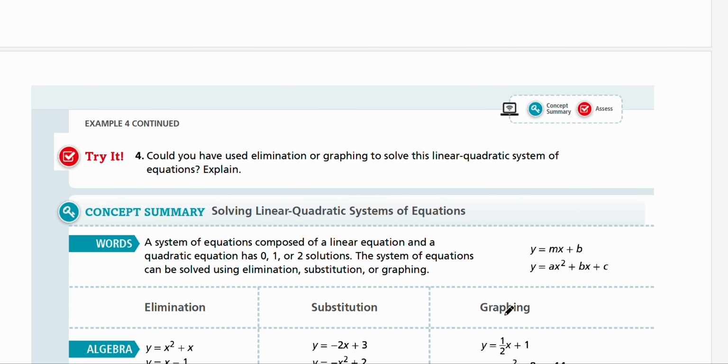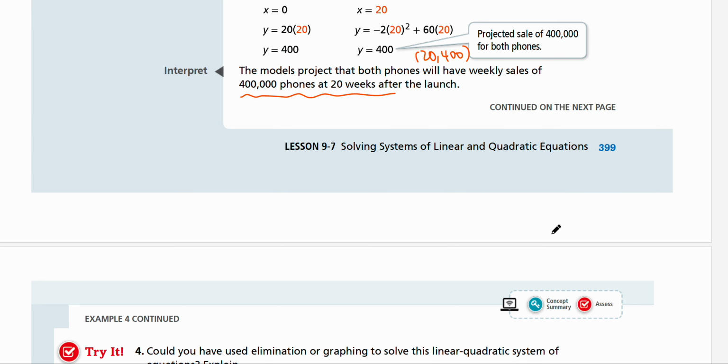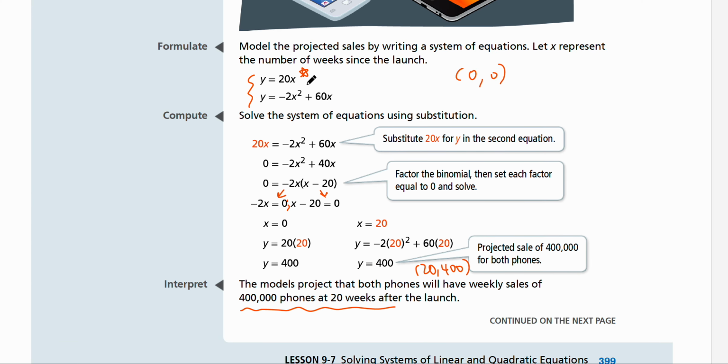Okay, let's look at try number 4 on the next page. Could you have used elimination for graphing to solve this linear quadratic system of equations? Explain. Yeah, why not? You can also eliminate both y's, right? Subtract the linear equation from the quadratic, just like we did in example 3.